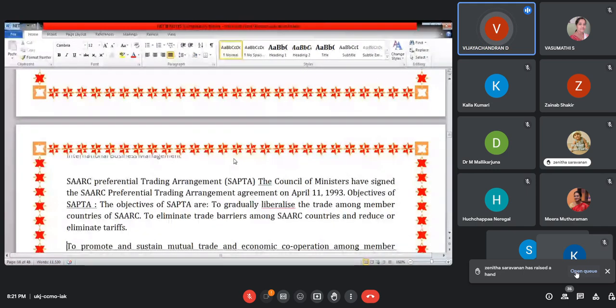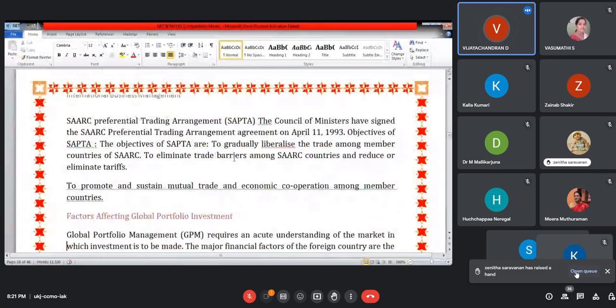For the trading blocks, this SARC established the union called SAPTA. So SAPTA means SARC Preferential Trading Arrangement. I told preferential trading arrangement. So they prefer only particular products.